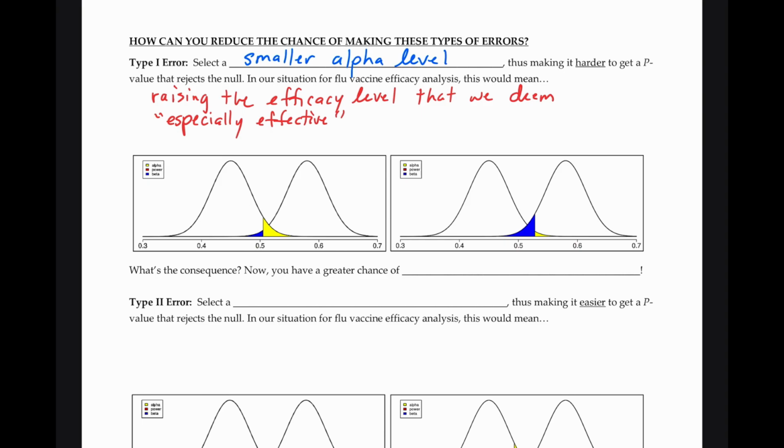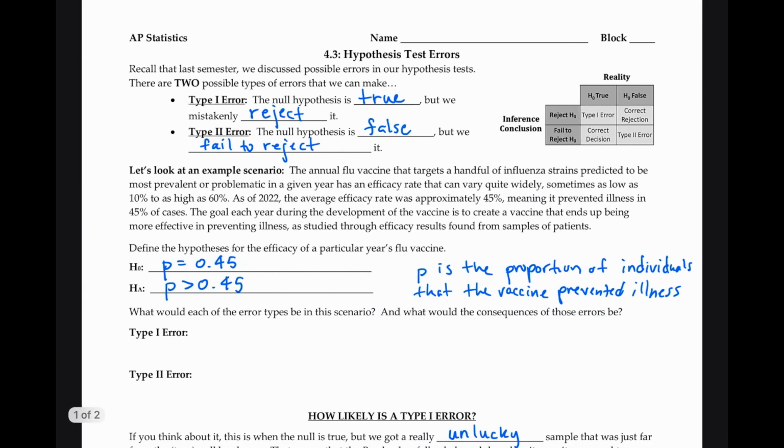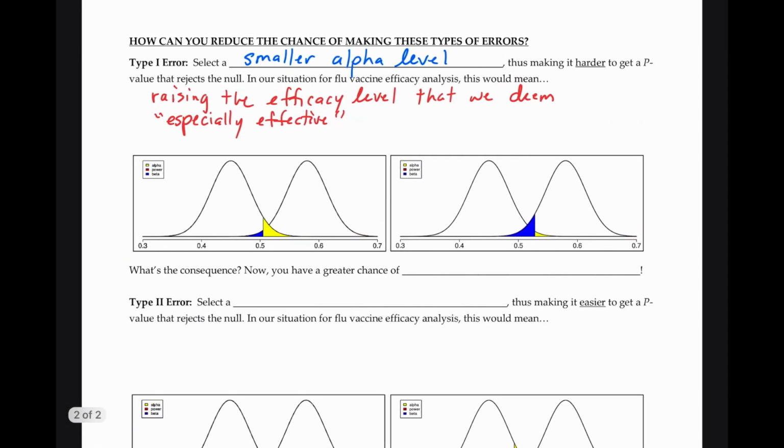If we're thinking 45%, and we were going, oh, if it shows 48, that'd be cool, you might go, let's just click it up to 50. If it shows 50, then you're going to reduce the chance of accidentally rejecting the null hypothesis. And that's important. You want to make sure that you don't accidentally reject the null hypothesis in this case.